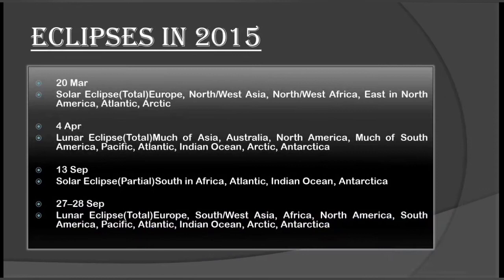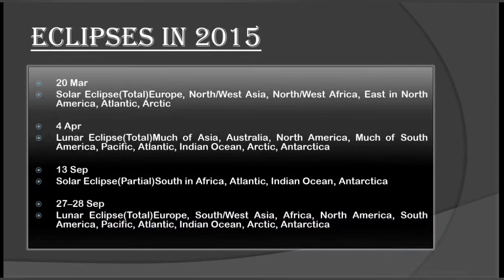Next, 13 September, solar eclipse. Partial. It is a partial solar eclipse. The moon was not able to cover the sun fully. So in this solar eclipse, the parts which were covered were South Africa, Atlantic, Indian Ocean, Antarctica.